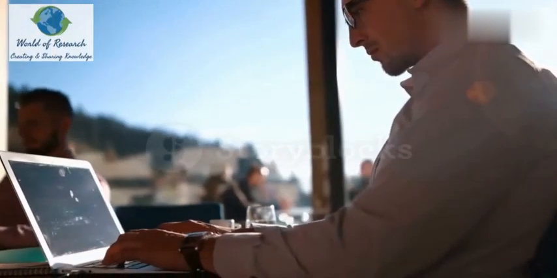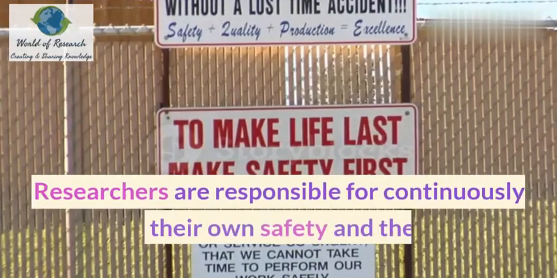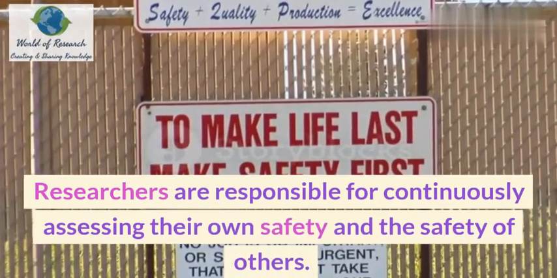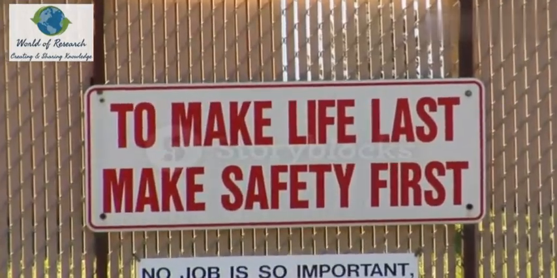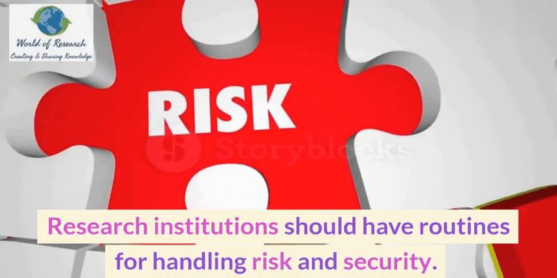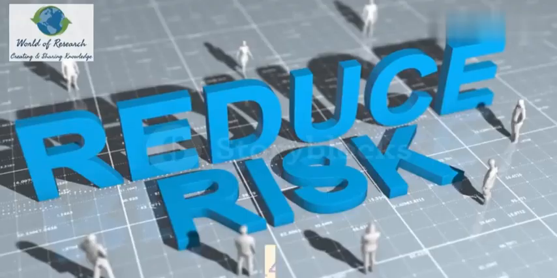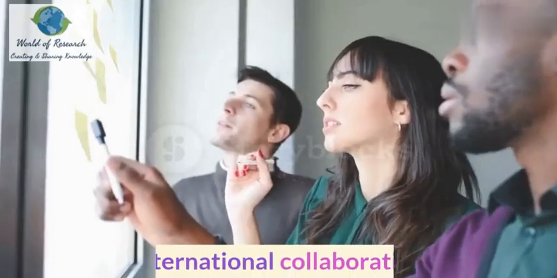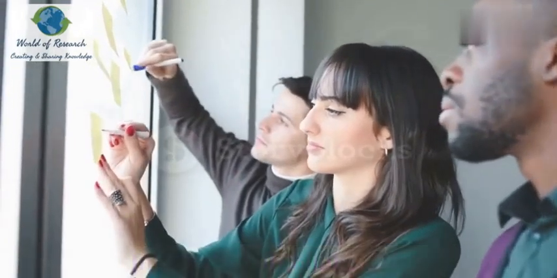Number 13. Safety and security. Researchers are responsible for continuously assessing their own safety and the safety of others. Research institutions should have routines for handling risk and security in society. Number 14. International collaboration.